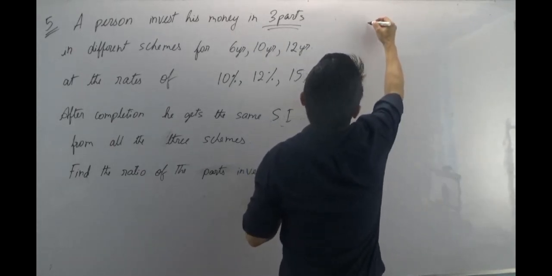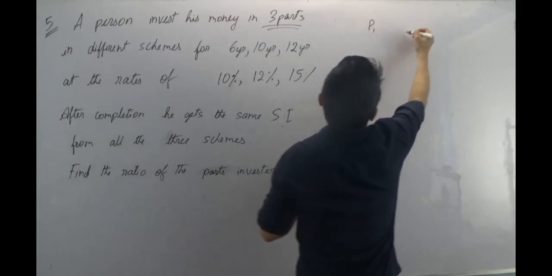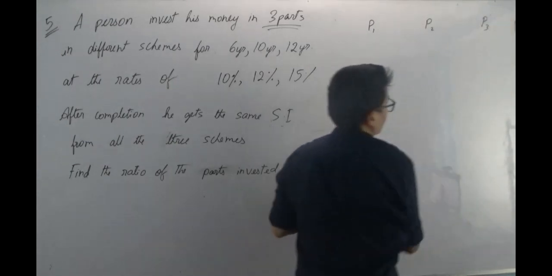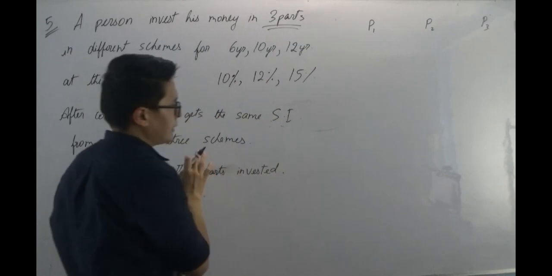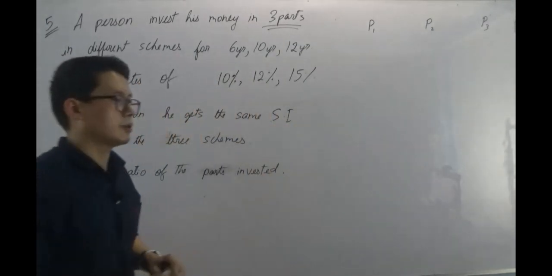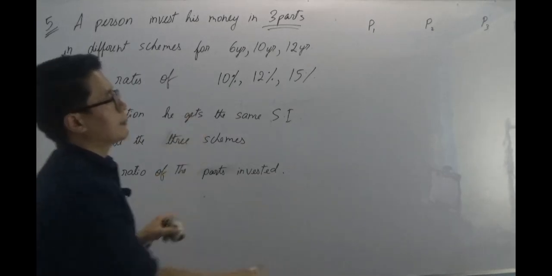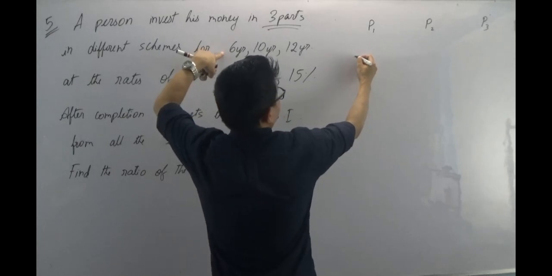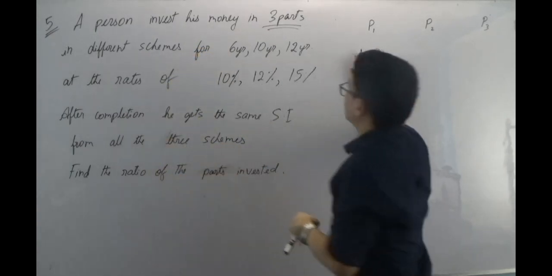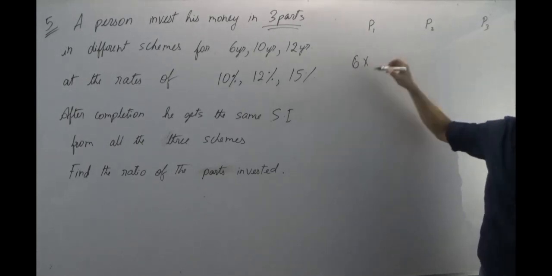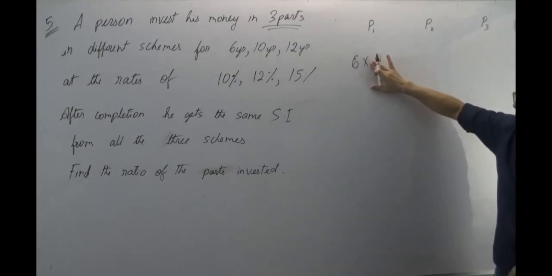So let's say P1, P2, P3. What you have to do is just use my condition: for 6 years at 10%, and we just need to find out the ratio.